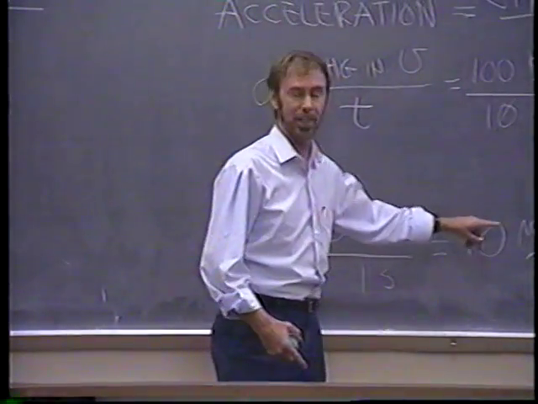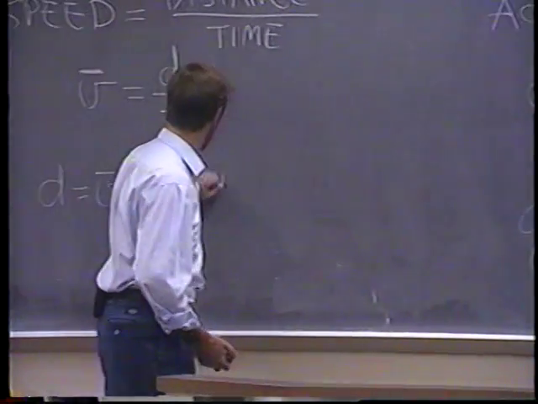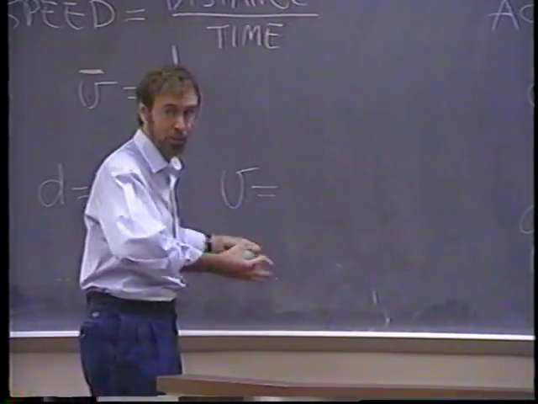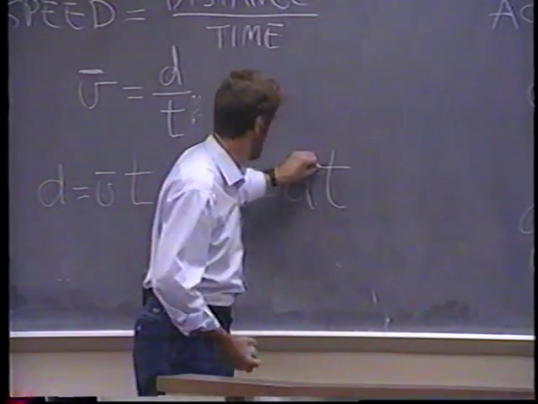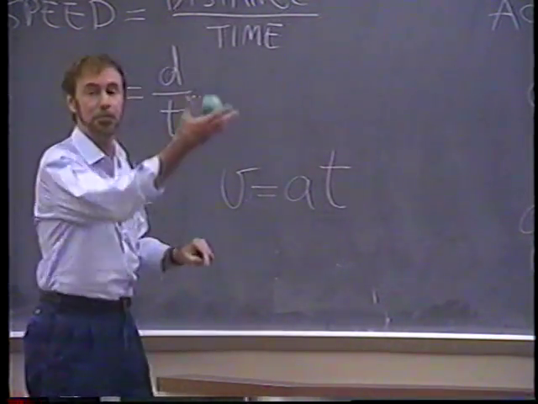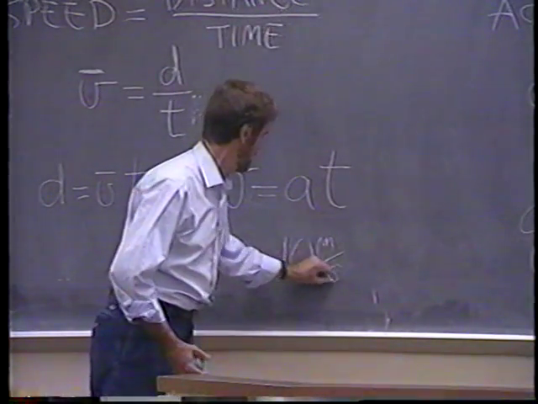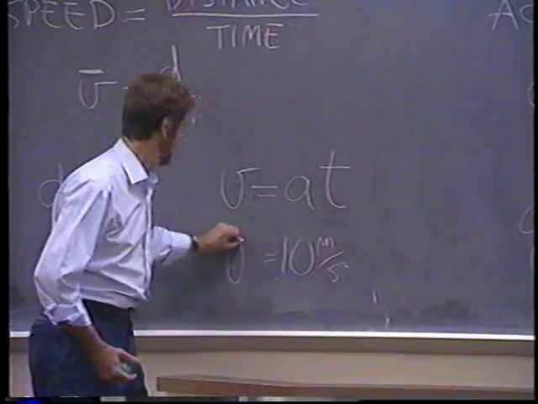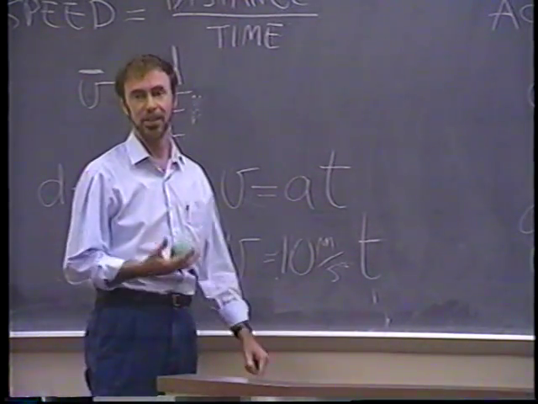So that brings us up to another formula. If that's what acceleration is, we can tell how fast things go by just saying this. The velocity acquired when falling is simply equal to the acceleration times the time. And if the acceleration for free fall is always 10, then the speed something picks up is simply going to be 10 multiplied by that time t.